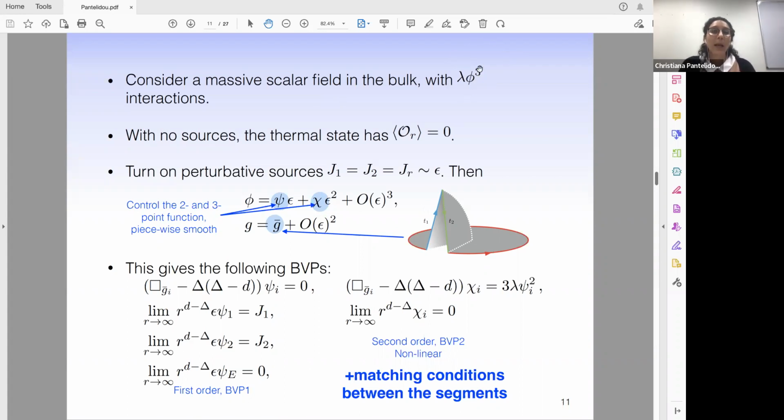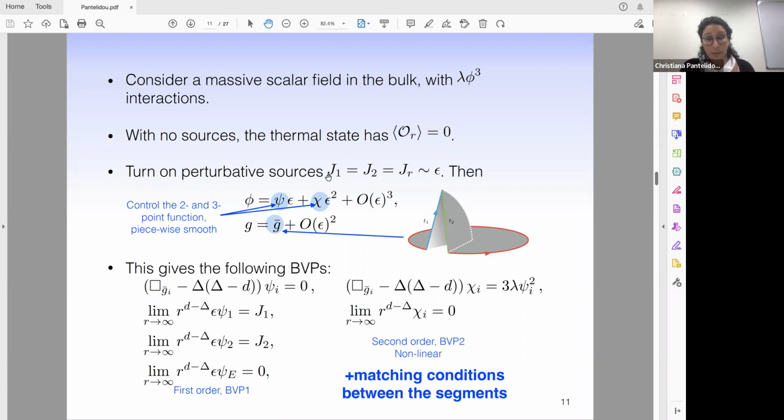Okay. And so if there are absolutely no sources in the quantum field theory, then the thermal expectation value of the operator O dual to the scalar field will be equal to 0. Okay. And then the profile of the scalar field itself in the bulk will be everywhere 0 on all 3 segments.